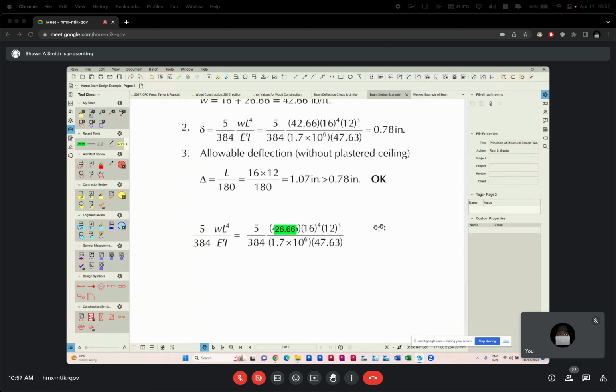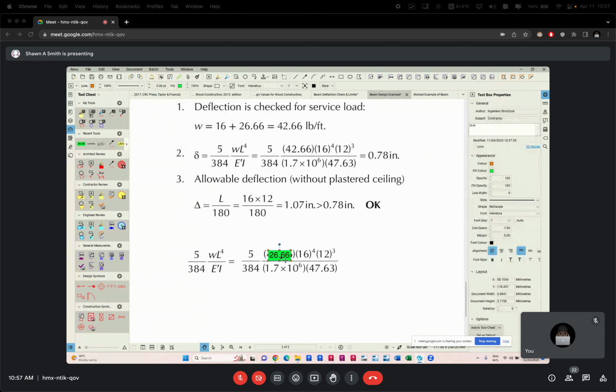It works out to be 0.49, and that's inch. 0.49 inch. What shall we compare it against now?